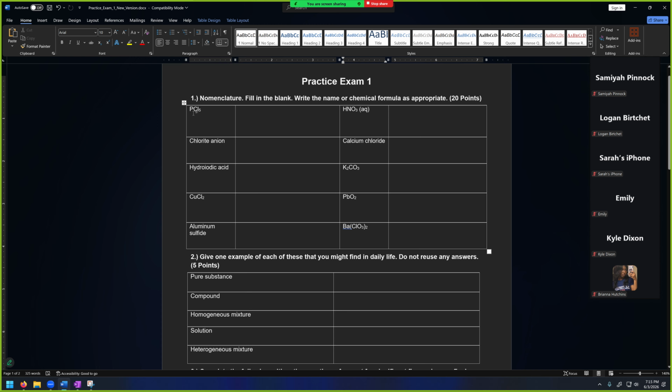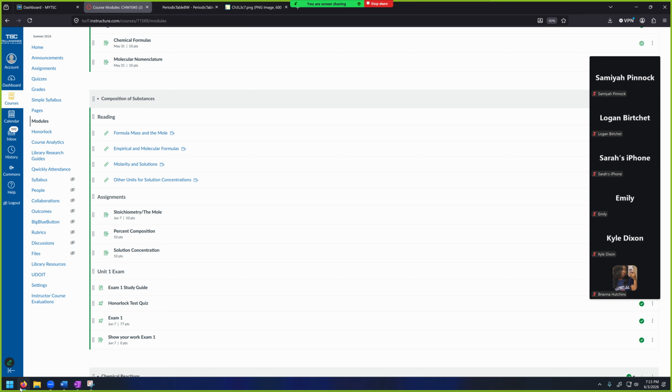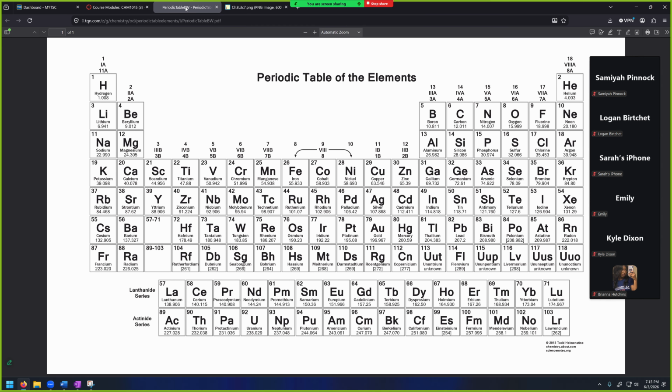In order to identify each of them, you should really look at what elements they contain, and then based on those elements, look at your periodic table and figure out what type of compound it is. So here, PCl5, I'll pop over to the periodic table. Looking for P. P is right here. This is in the nonmetals. The upper right-hand corner of our periodic table is all of the nonmetals.